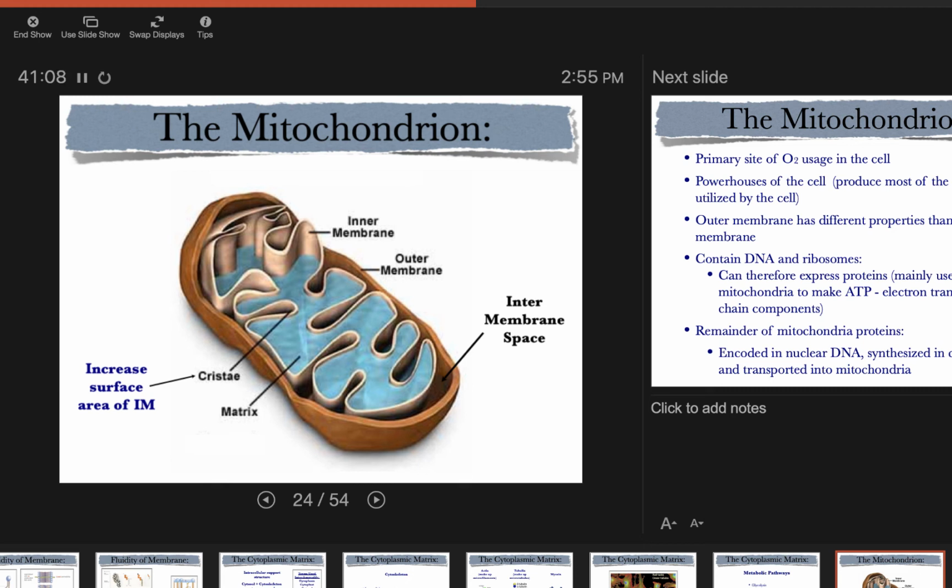Oh, the matrix. Oh, the cristae. Let's do that. So kind of your notes for the inner membrane: not only is it very non-porous, it has cristae, and the cristae are the increased surface area of the inner membrane. Remember that? They're like folds. The more surface area you have, theoretically, the more ETC components you can embed in that membrane. So it makes it more efficient.